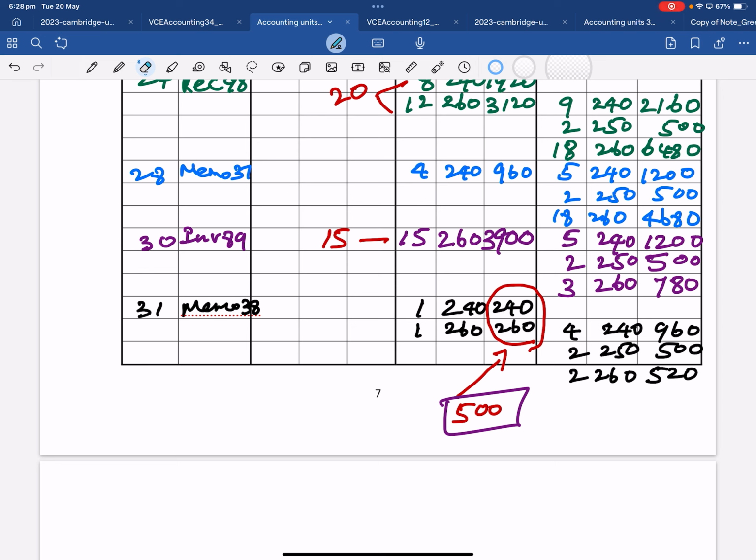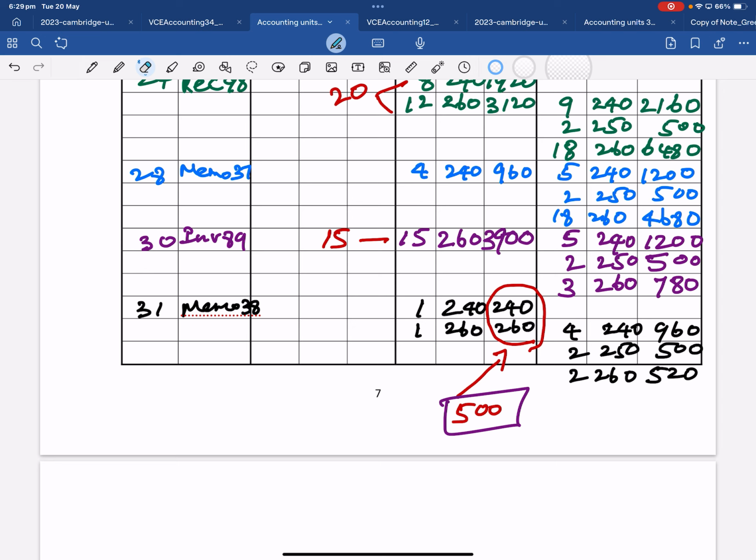So more than the realistic amount we are recording. That means it is overstated. Any other assets affected? No. Liabilities? Any impacts on the liabilities? No.